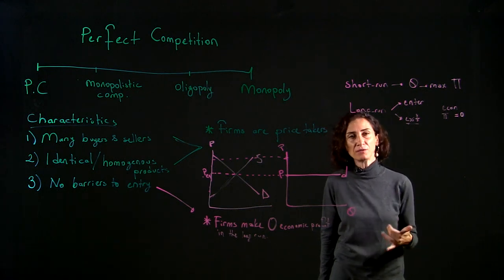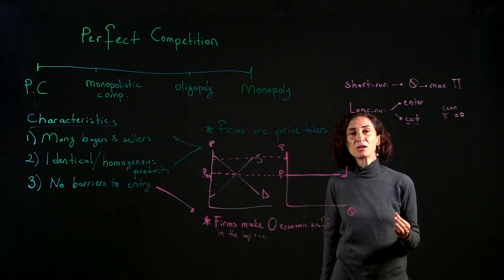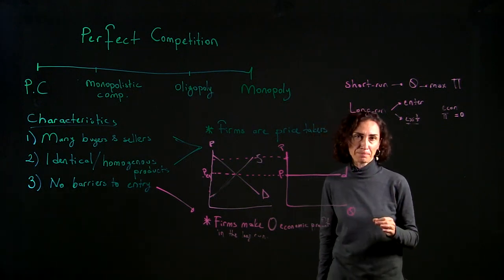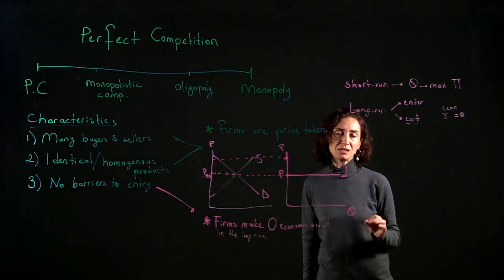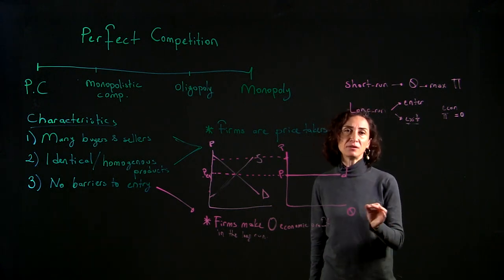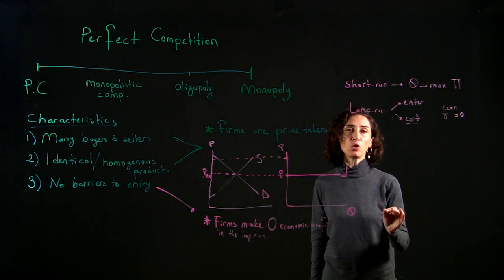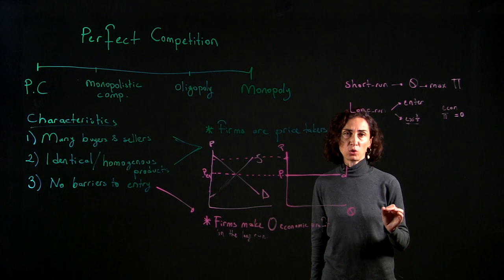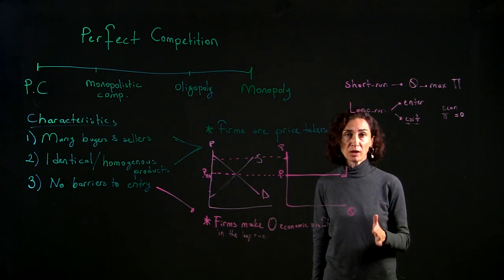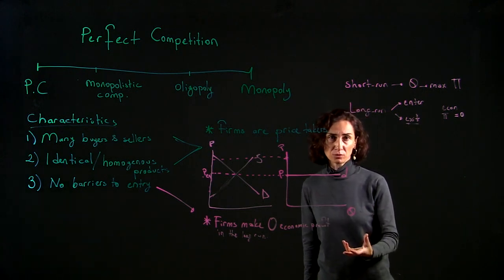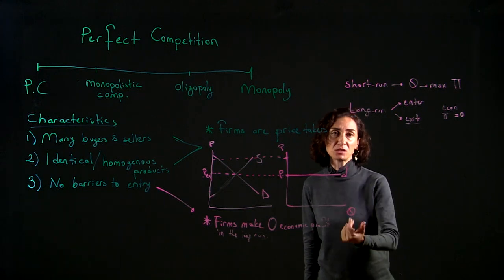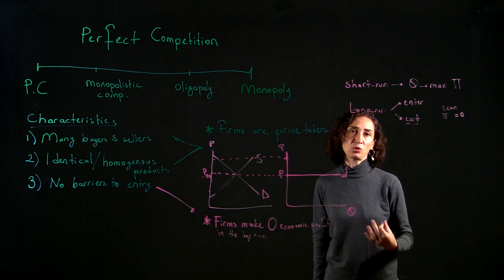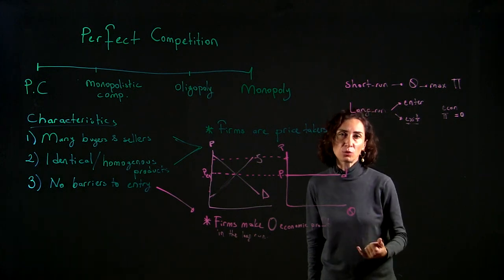Now remember the definition of economic profit. Economic profit is not the same as accounting profit, right? Economic profit is defined as total revenue minus total economic cost. And total economic cost includes both accounting cost, which is also known as explicit cost, and implicit cost, which is also known as opportunity cost.